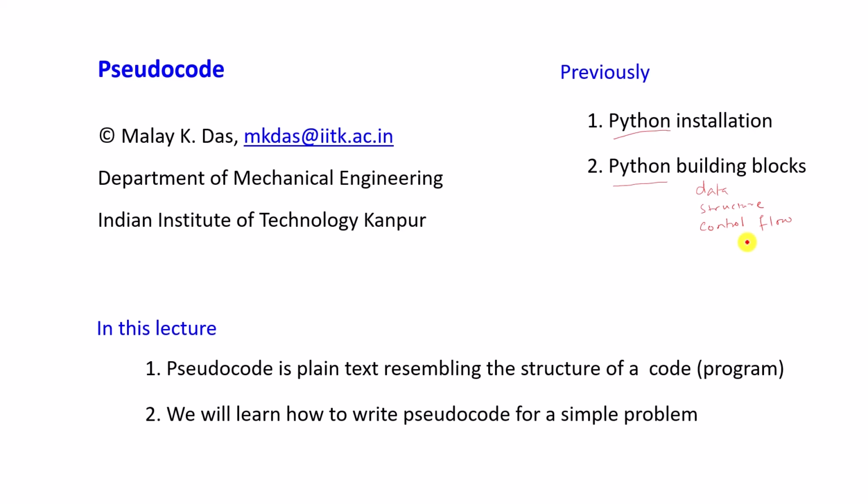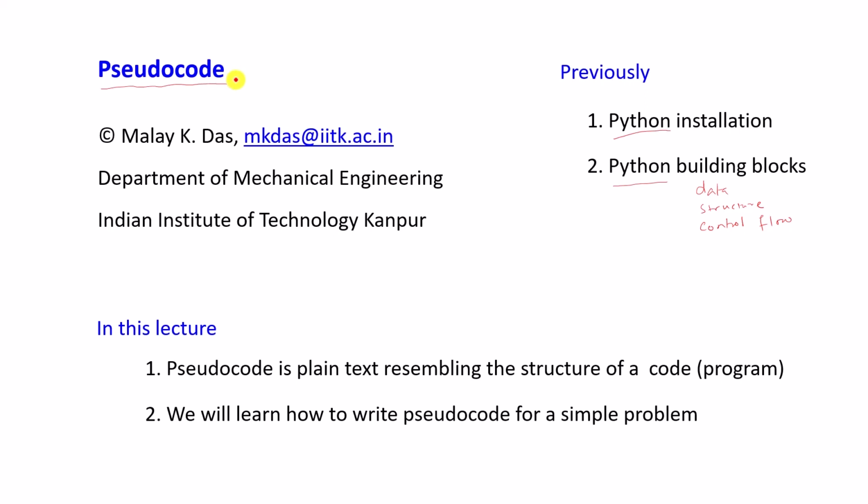So here in this lecture, we'll talk about pseudocode. Pseudocode is like a program, but it is not a program in the sense that it is not written in any formal language. It will not compile or run on a computer. Pseudocode is a program in our own language.